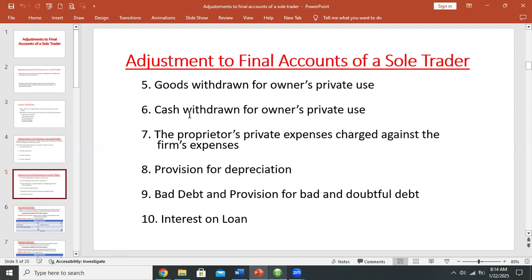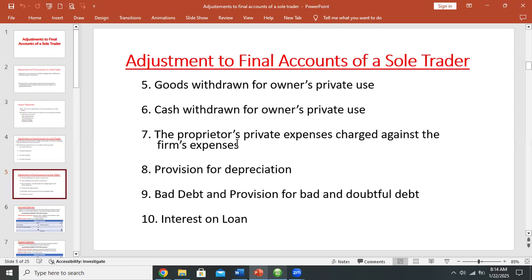Cash withdrawn for owner's private use. 7. The proprietor's private expenses charged against the firm's expenses. 8. Provision for depreciation. 9. Bad debt and provision for bad and doubtful debt. 10. Interest on loan.